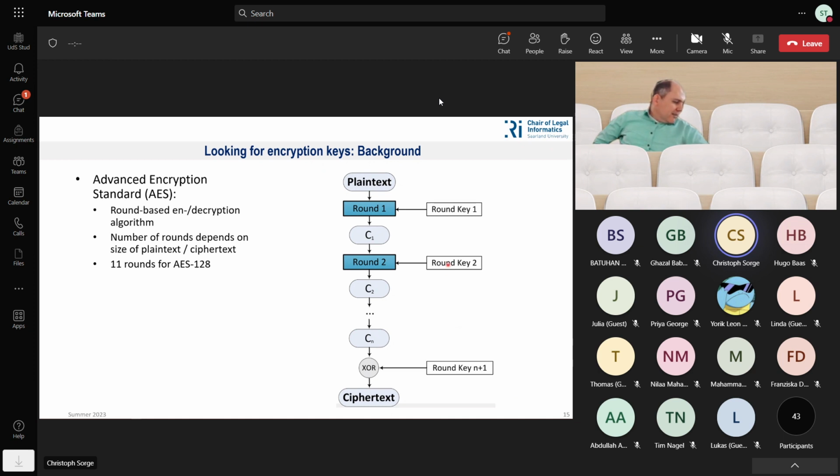And because the key schedule has a structure, we have redundancies in the key schedule, and we might be able to reconstruct missing round keys or the missing master key or an altered master key.